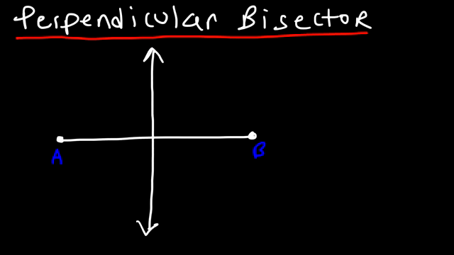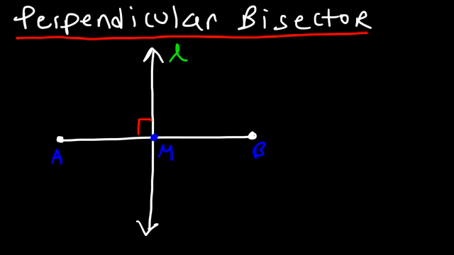Let's call this line L. So line L is perpendicular to segment AB, which means it's going to form a right angle with segment AB. Now it's also a bisector. So if we draw another point, we'll call it point M, M is the midpoint of segment AB.